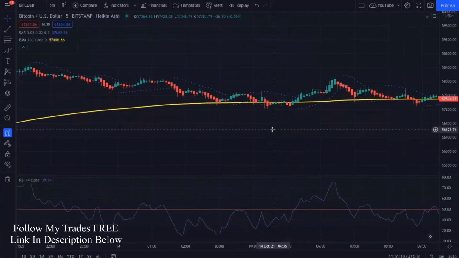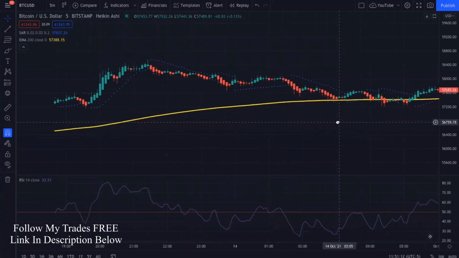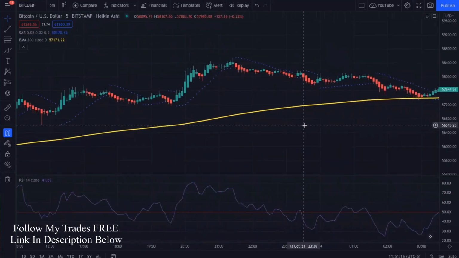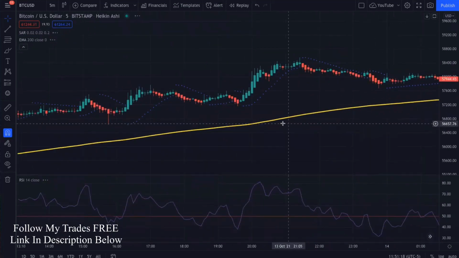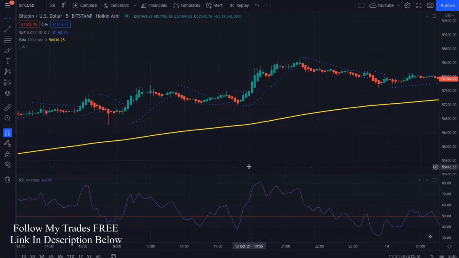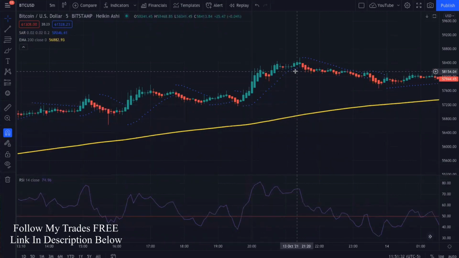You could back test this stuff, and please do. Do your own homework, back test, and see how this works out. Another prime example. Parabolic SAR shifts over, no tail at the bottom, price action above the 200 EMA, and your RSI is above the 50, and you enjoy your profits.